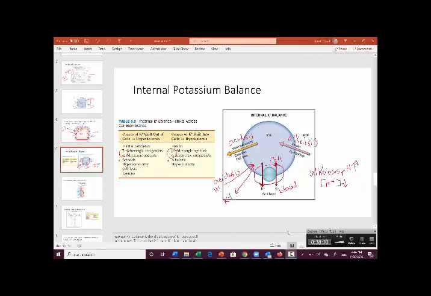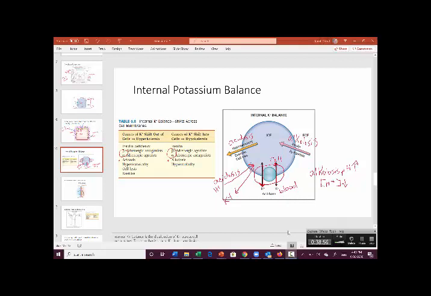Beta-2 adrenergic antagonists, like propranolol, would cause a shift of potassium out of cells. And alpha adrenergic antagonists would cause a shift of potassium into the cells. So again, alpha adrenergic antagonists would cause a shift into the cells.